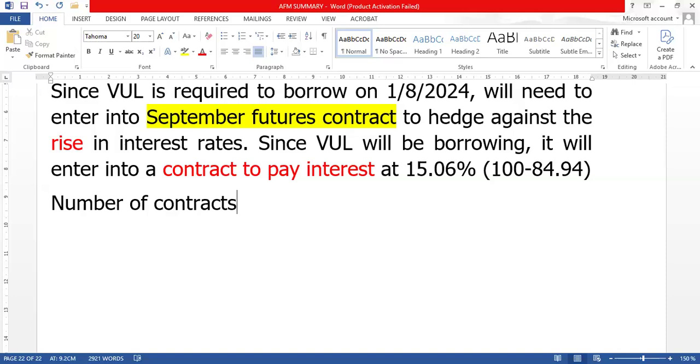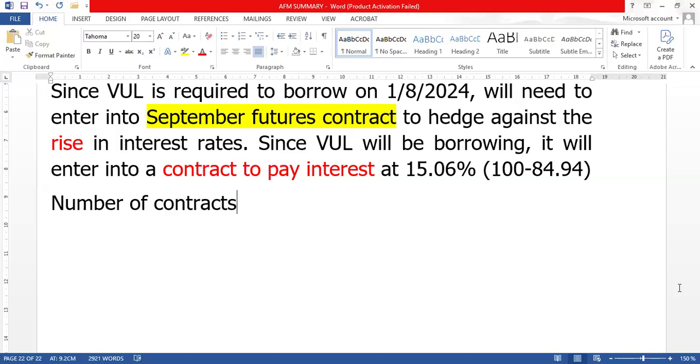And now, which futures contract expires first? That is September. So I will need to enter into September futures contract to hedge against my worry. That is rise in interest rates. And because you have entered into September futures contract, what will be your opening futures price or the opening futures rate?